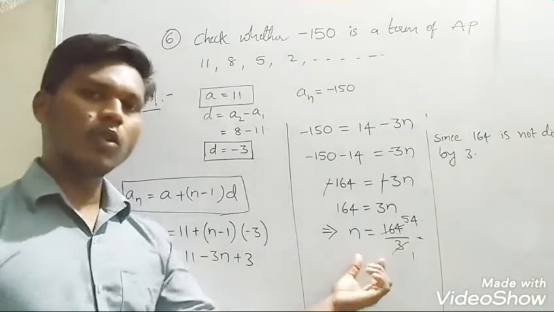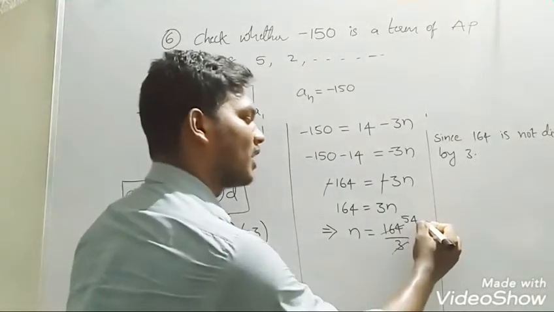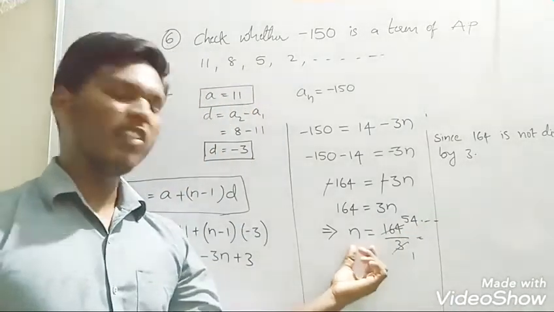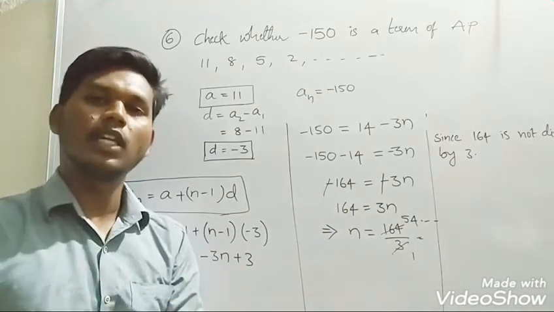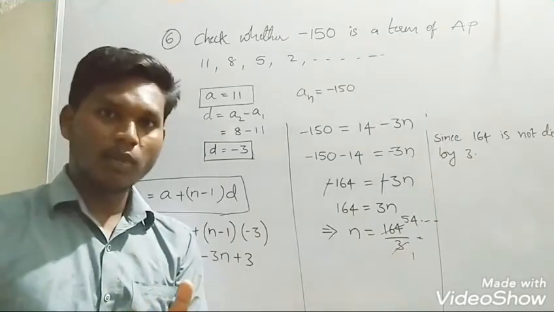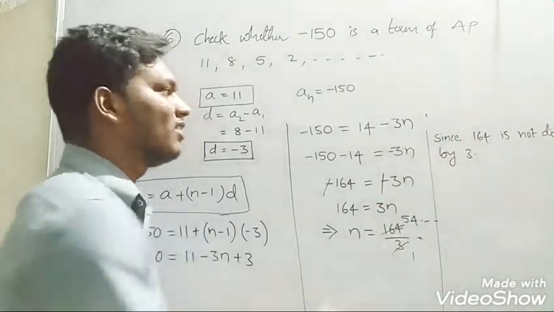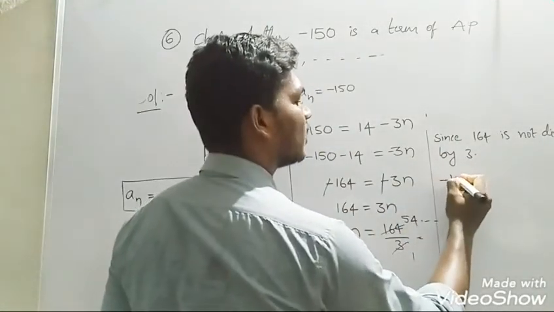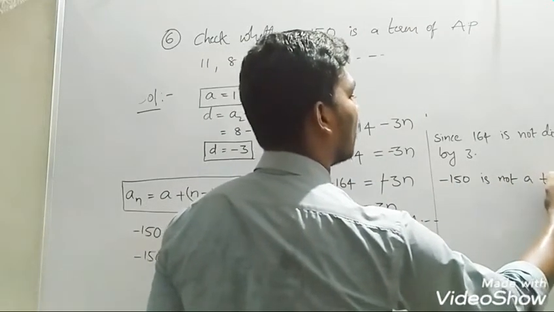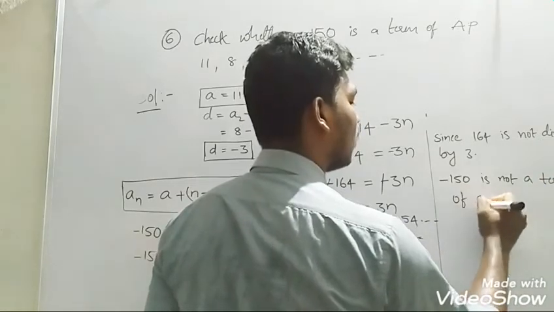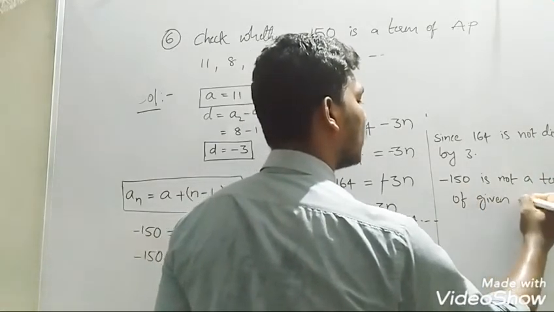We must know exactly which term it is. We have 54 point something, but we don't know the exact value. Either it is the 50th term or 16th term or 56th term, so we don't know exactly. So that is the reason minus 150 is not a term of the given AP.